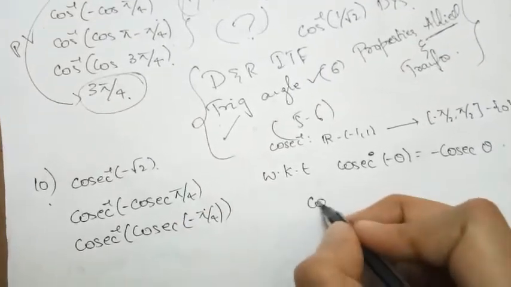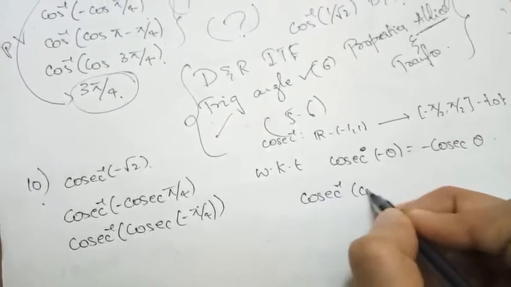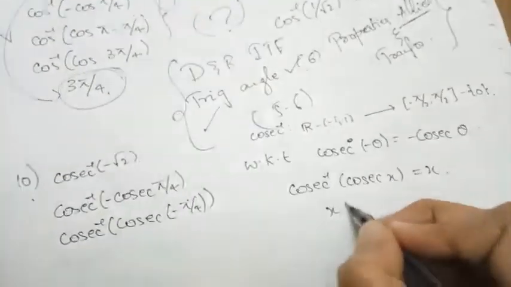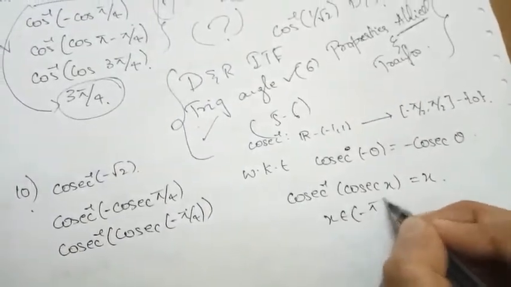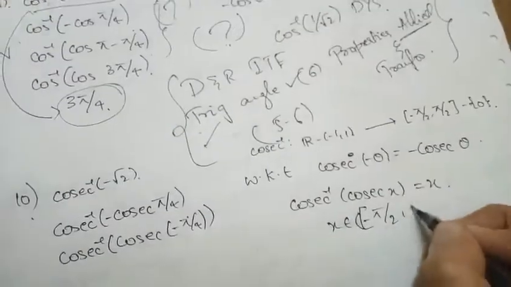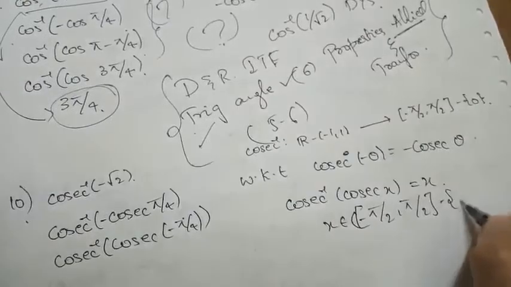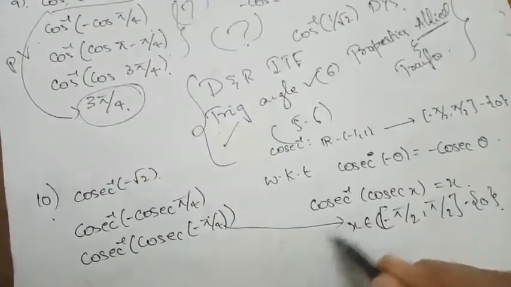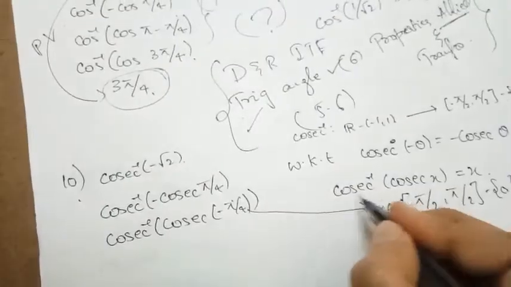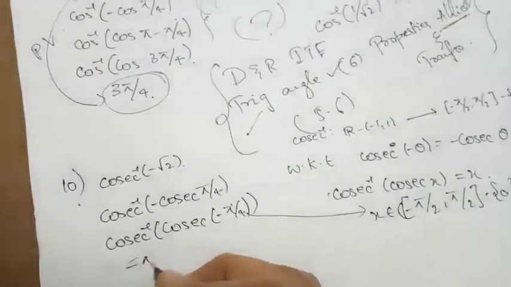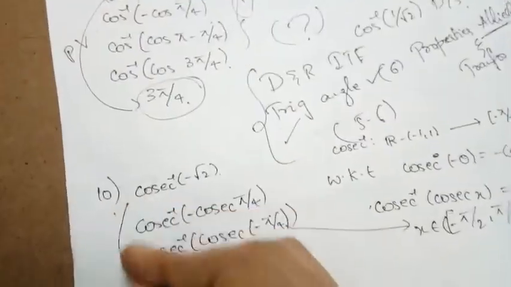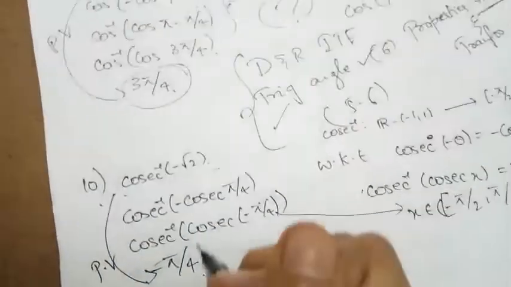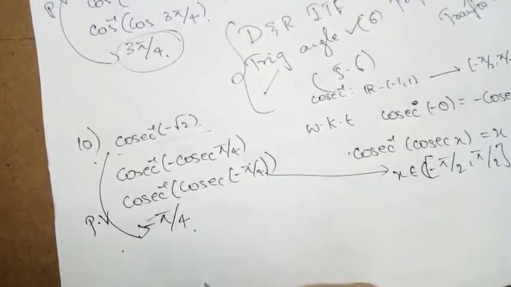Now this is in the format cosecant inverse of cosecant x, which is equal to x when x belongs to the principal value branch, that is minus pi by 2 to pi by 2 excluding 0. Our minus pi by 4 belongs to this branch. So by using this property, it is equal to minus pi by 4. Therefore the principal value of cosecant inverse of minus root 2 is minus pi by 4.